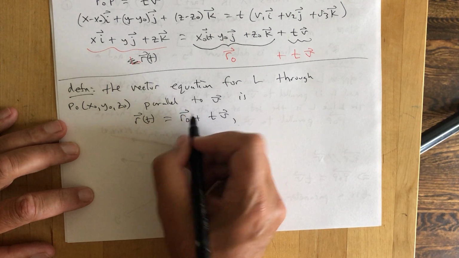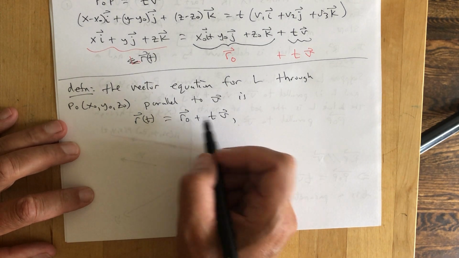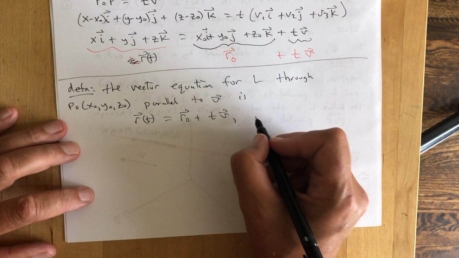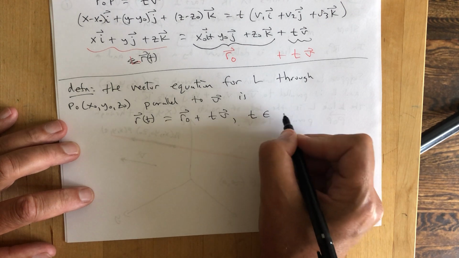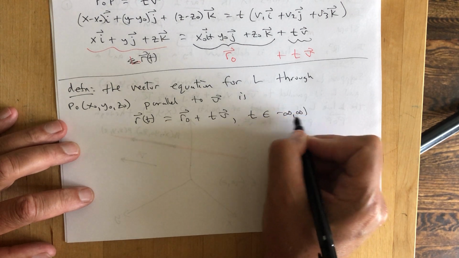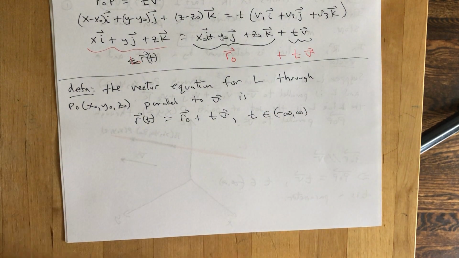And r naught is a vector, a position vector of the initial point. And t runs from minus infinity to infinity, it's a parameter. Okay.